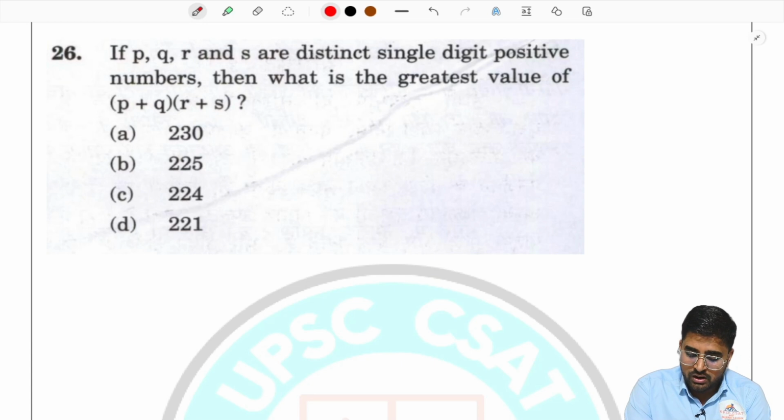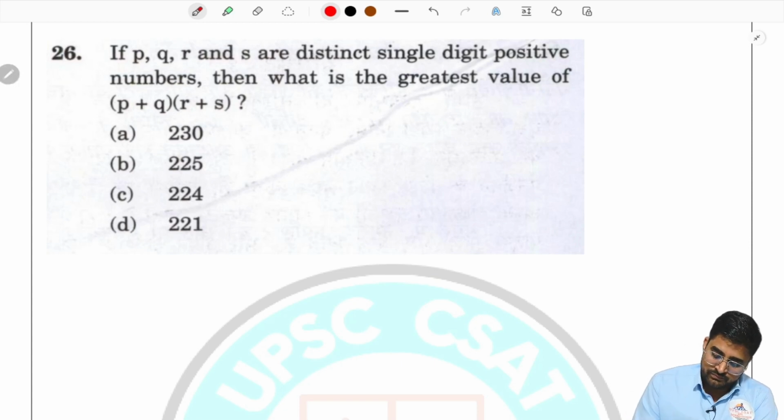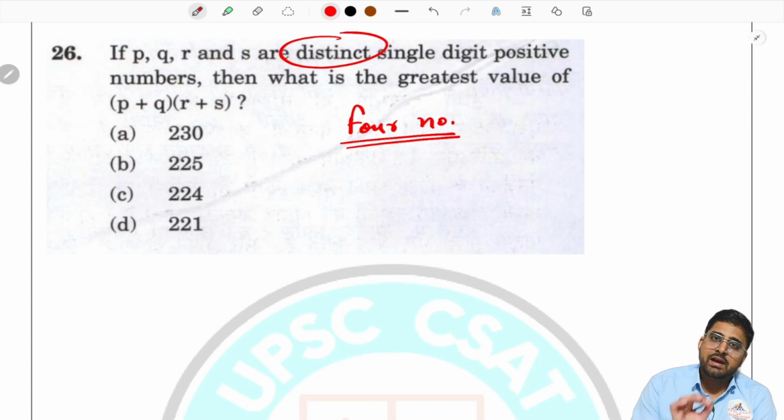If P, Q, R and S are distinct single digit positive numbers, then what is the greatest value of P plus Q multiplied by R plus S? You have four numbers. Distinct means they are different, not repeating.